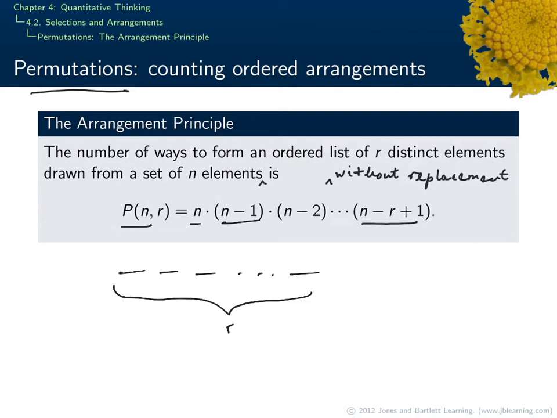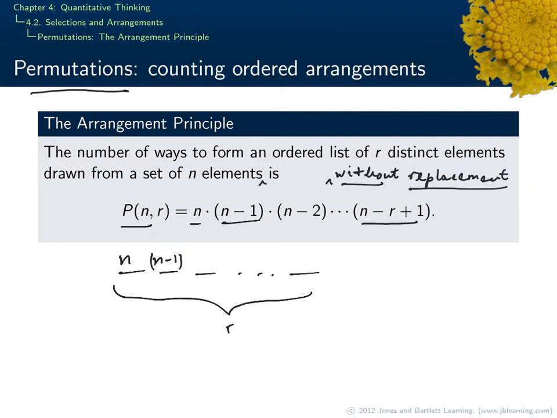I haven't done anything yet, so I have n choices for my leftmost slot. Now in the second slot, my number of choices is reduced by 1 because I have already chosen something for the first slot, and that something cannot be used again. We're assuming this without replacement business. And so that leaves me with only n minus 1 choices in my second slot.